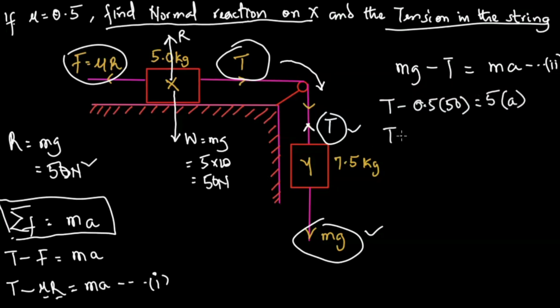So T minus 0.5 times 50, which is 25, equals 5a. Let's call this equation 3.